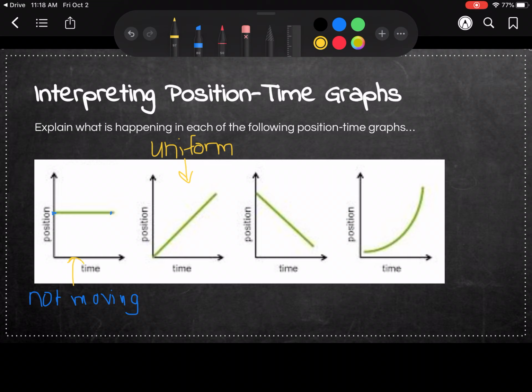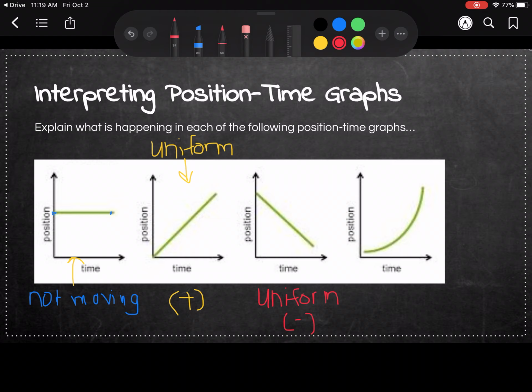This is uniform because it's in a straight line, it's moving, and I guess we can also say that it is going in a positive direction, because it's moving away from its starting point. The next one is also uniform, but it's in a negative direction. So it's going downwards over time.